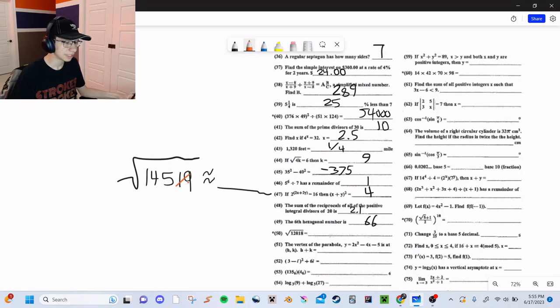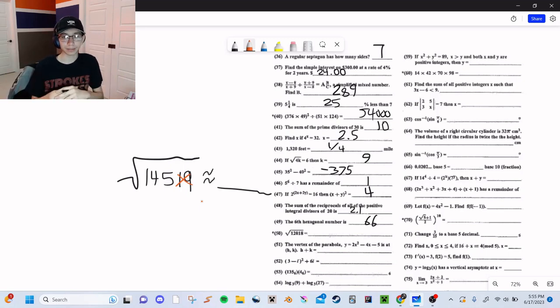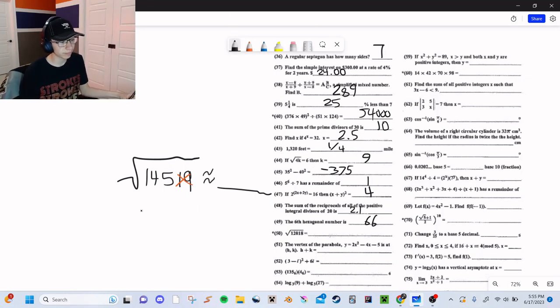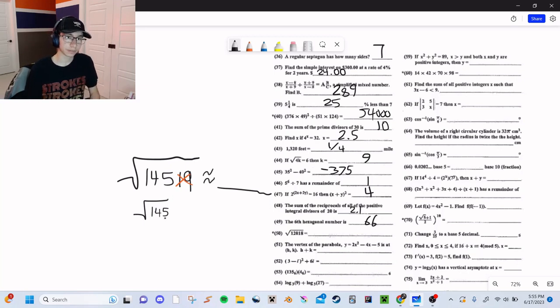let's cancel out the last 2 digits. Just ignore them. I guess not cancel out, it's not the right word. Ignore them for now. Let's think about the square root of 145. Let's think. What is 145? What square numbers is 145 near?